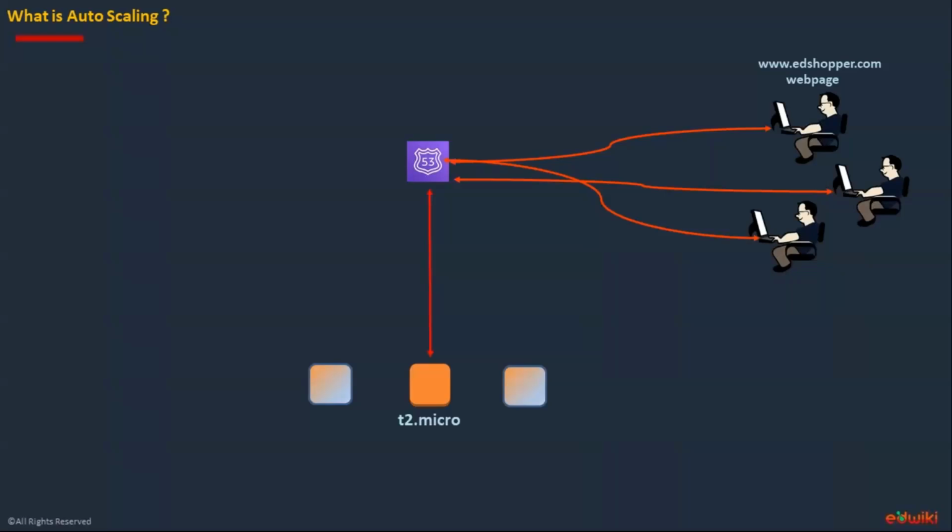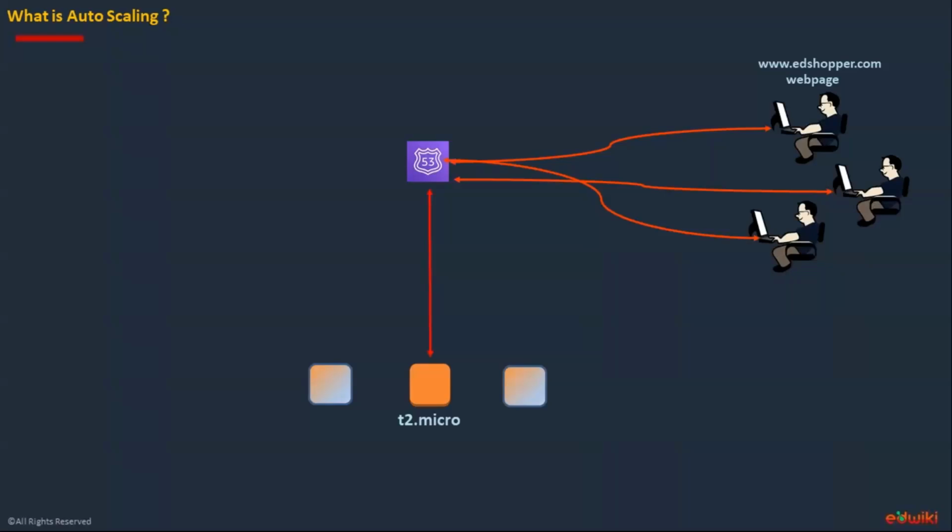This is good, but when do you know that the current capacity is enough or not? Whenever more users are accessing the website and the current capacity is not enough, I cannot go and create one more server and add it to the target group manually. It has to be auto scaling.